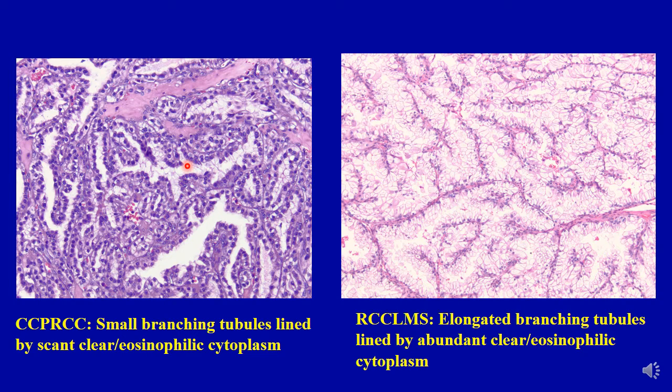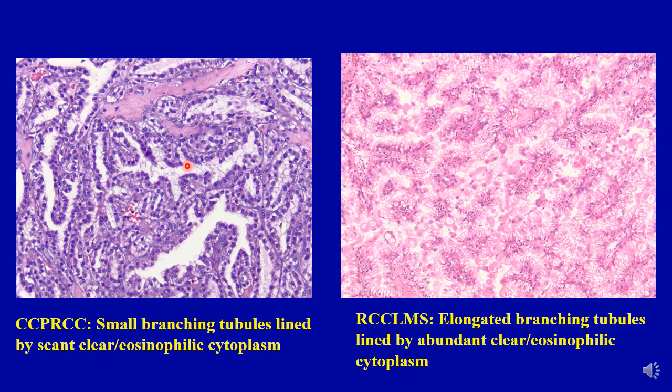These are some of the characteristic features, but again, there could be very close calls for some of these tumors, and I would also recommend you watch that particular video for more discussion on these entities. Here is another example of renal cell carcinoma showing abundant clear to mildly eosinophilic cytoplasm.